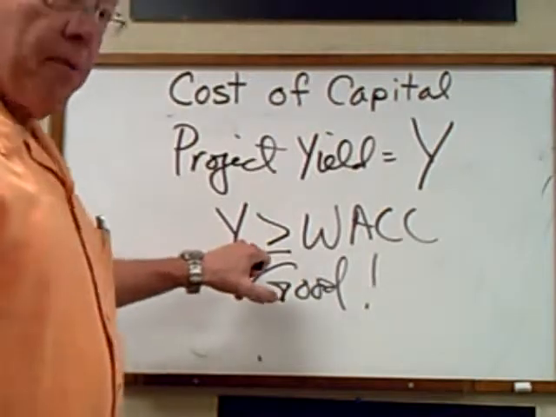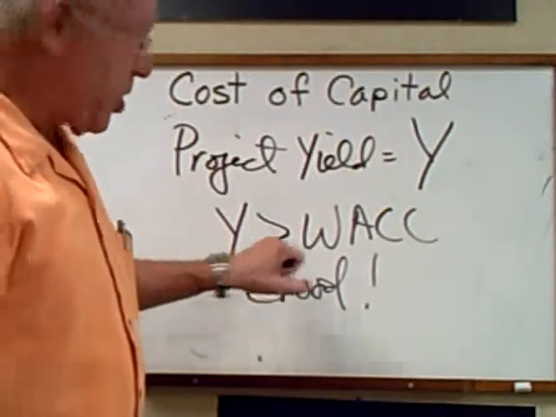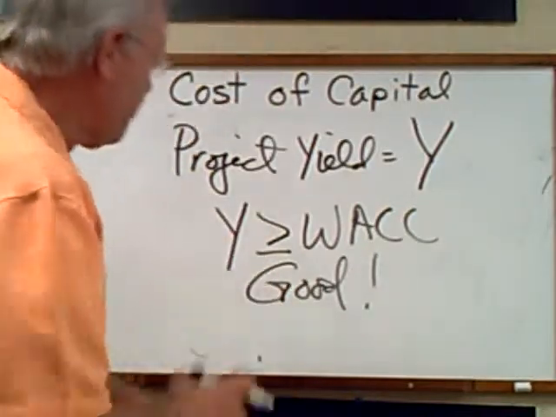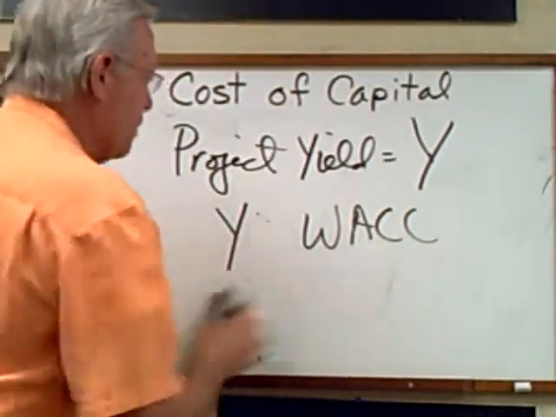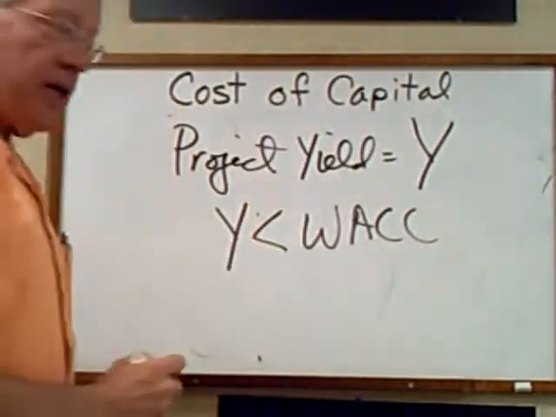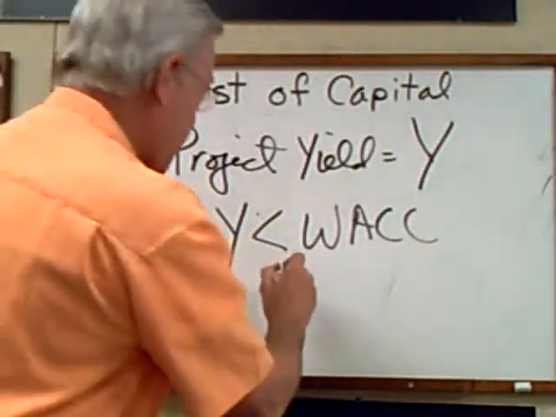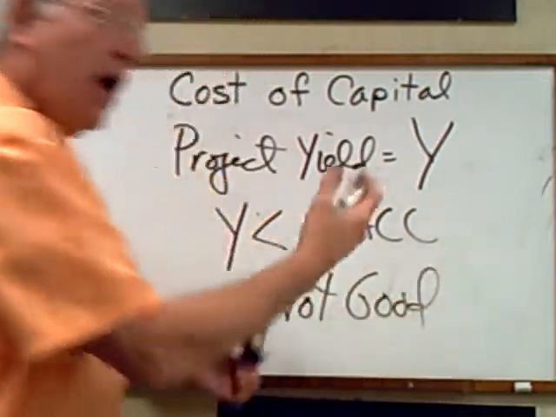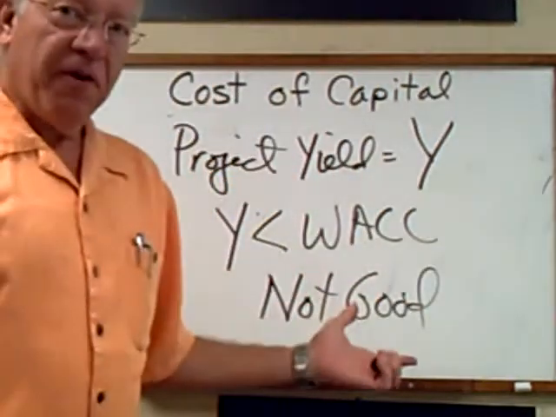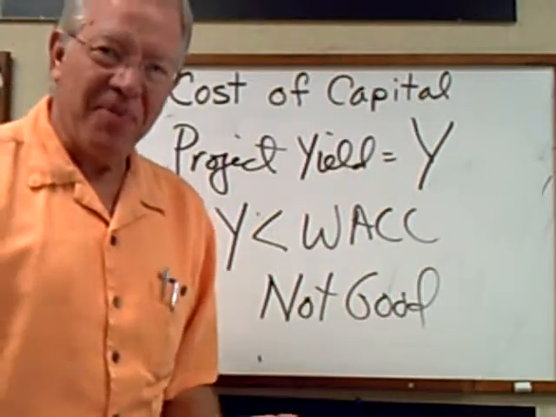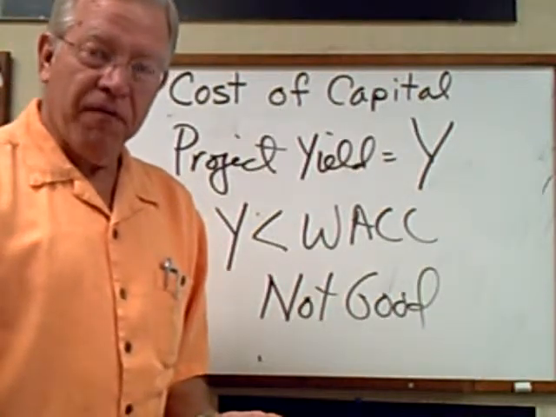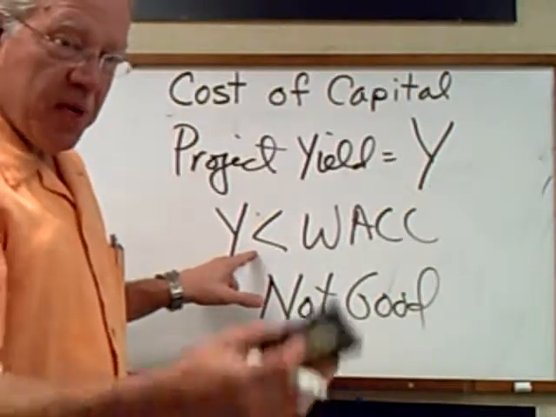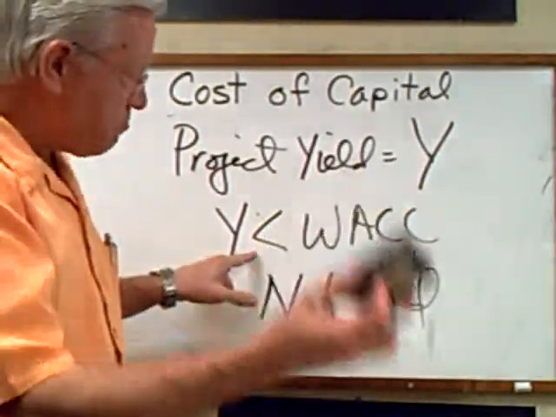In other words, I'm going to make more money out of that project than it costs me. On the other hand, if the yield of the project is less than it costs me to do that project, that's not good, so I won't do the project. That, folks, is the fundamental decision tool for financial decision making. If I get more out of it than it costs me, good. If I get less, not good.